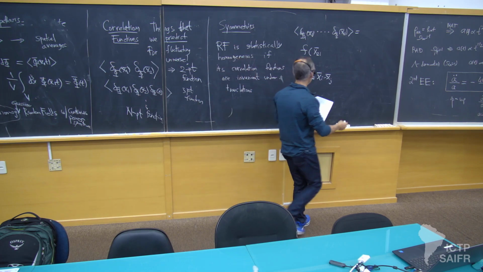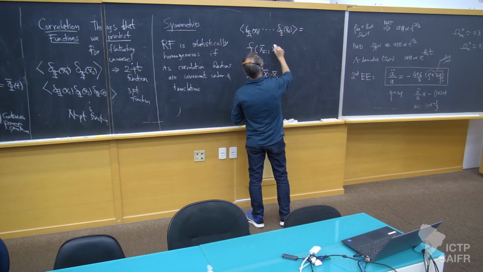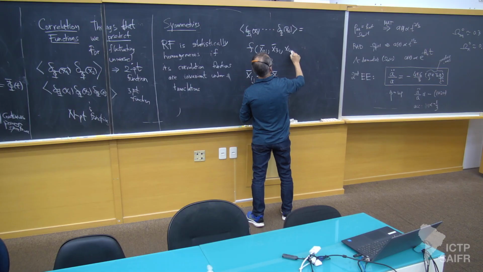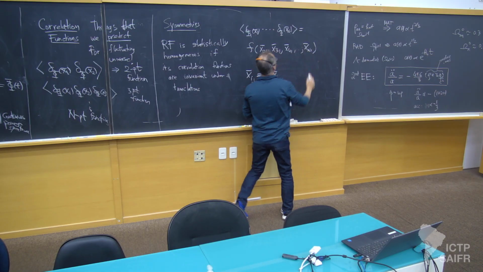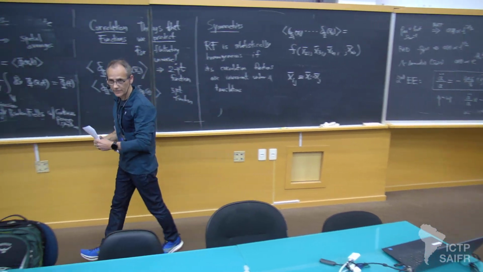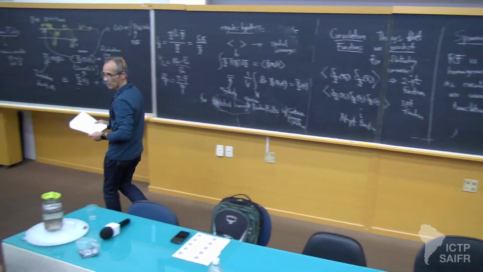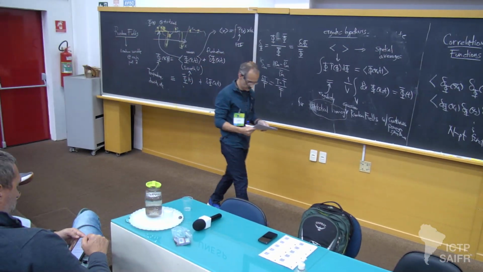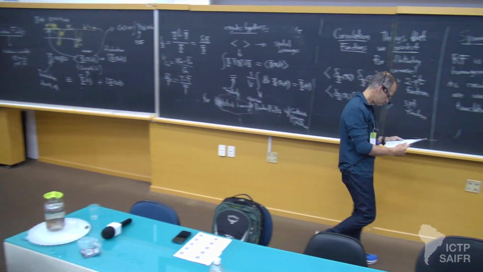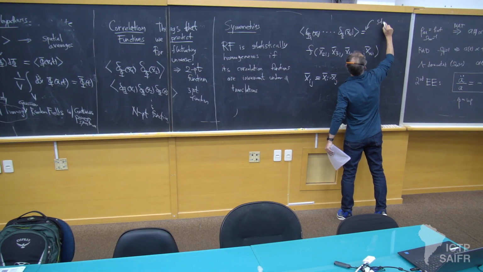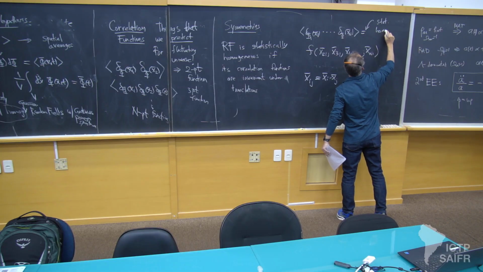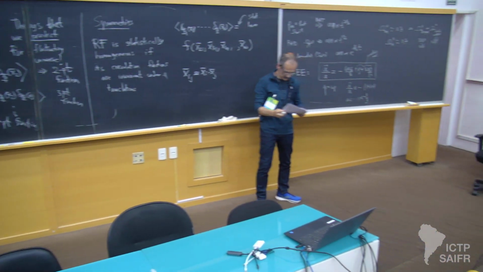Let's choose 1 as a reference point, the relative coordinate of 3 to 1, and so on. Okay, is that clear? So it depends only on relative coordinates. That's what statistical homogeneity means. And I'm going to give you some particular examples in a second.